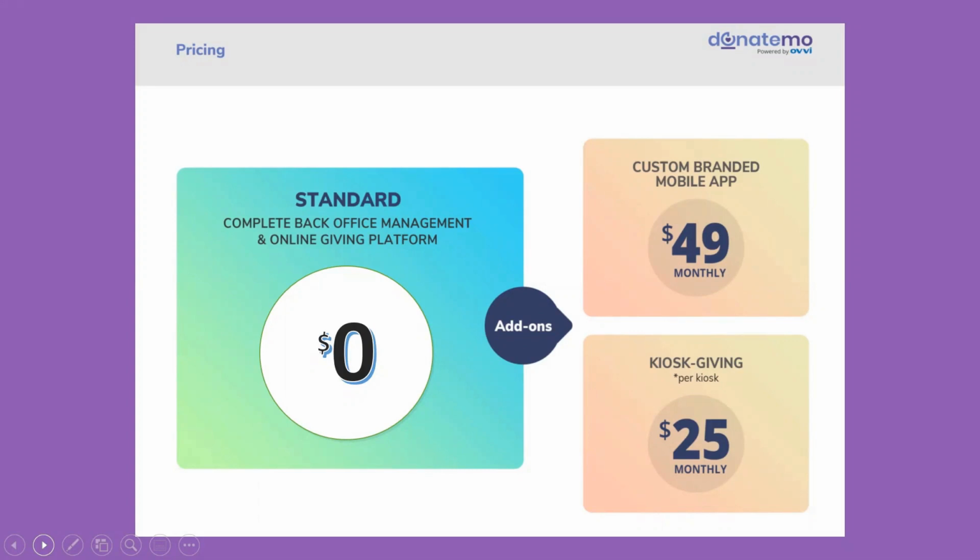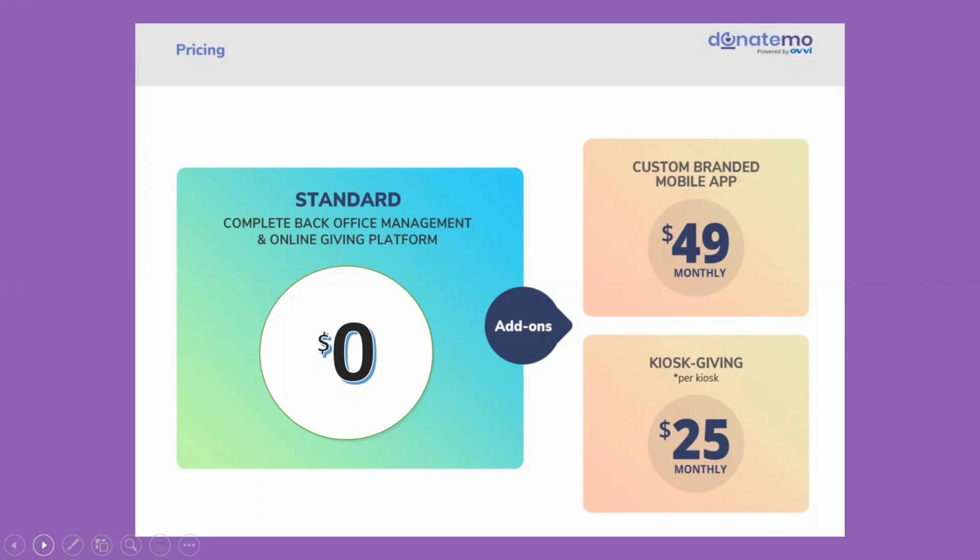So if I gave $100, my merchant service cost would be 2.5% and 30 cents for that transaction. If I choose to set up an automatic bank withdrawal, that cost is only 1% with a 30-cent per transaction cost. All of these transactions are being protected by our PCI Level 1 compliance environment.